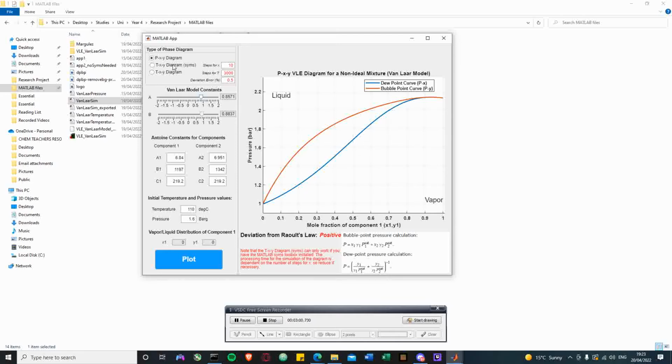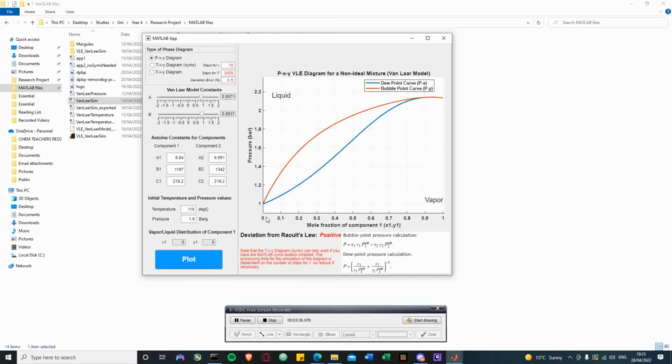Now for the main difference in the simulation, and the more difficult one, is the TXY. To calculate the pressure for a fixed temperature value is quite straightforward. For the bubble point pressure calculation, P1 sat and P2 sat at a constant temperature will be constant, so the only thing that will change is the molar fraction of the vapor and the liquid.